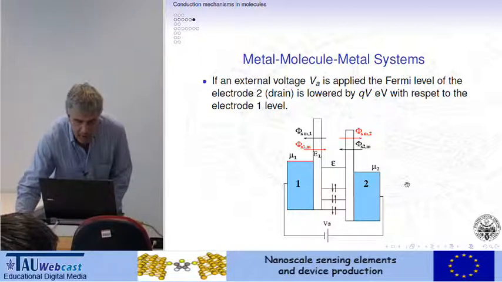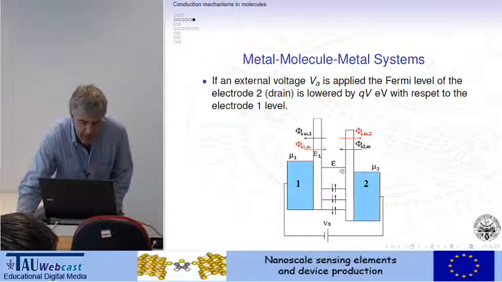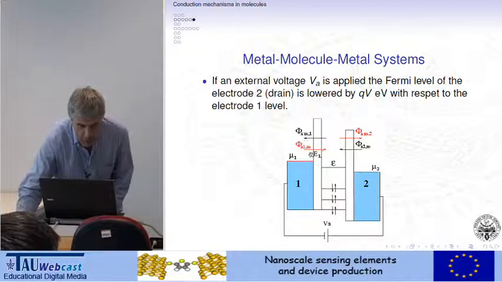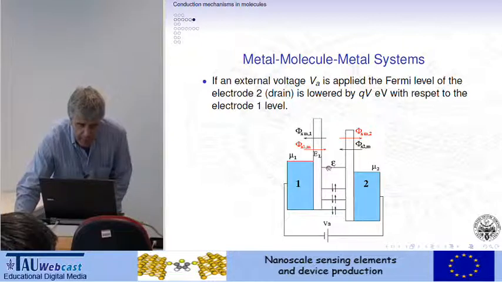But now, as hypothesis, we can understand that this can be a good position, because the electron can flow from the electrode 1 to the L level in the molecule, and from the L level in the molecule can reach the drain, the second electrode on the right.